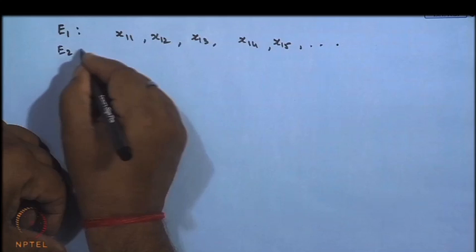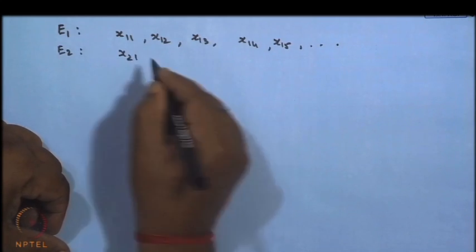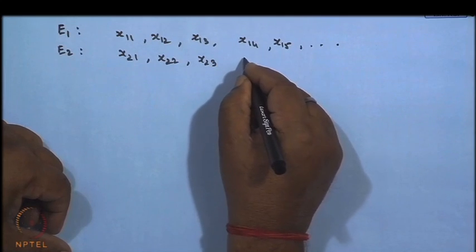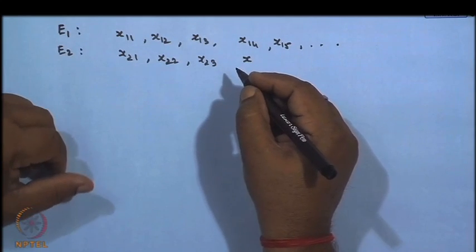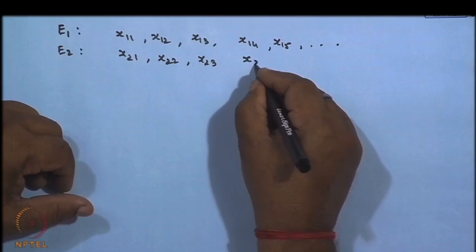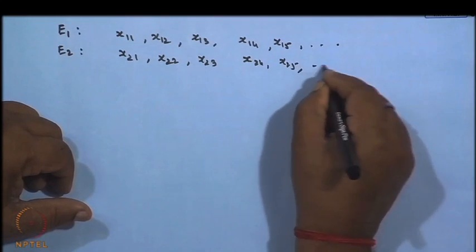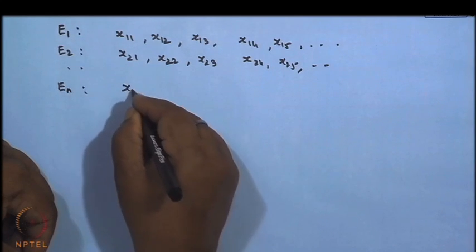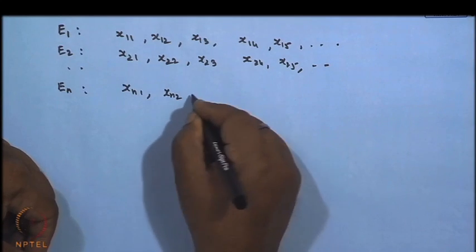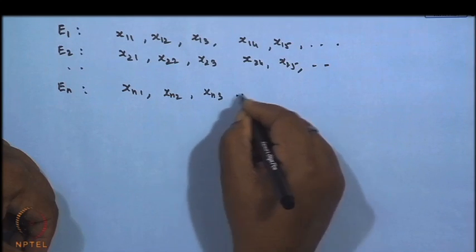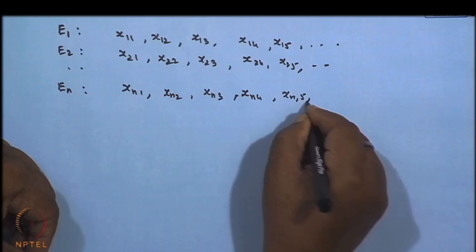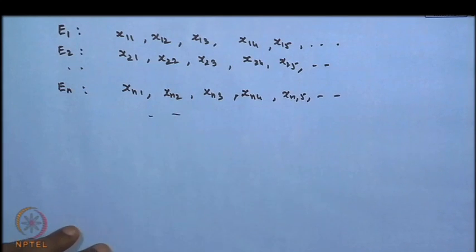For E 2, suppose we arrange x 2 1, x 2 2, x 2 3, x 2 4, x 2 5 and so on. And for E n, suppose we arrange x n 1, x n 2, x n 3, x n 4, x n 5 and so on. So, continue this.